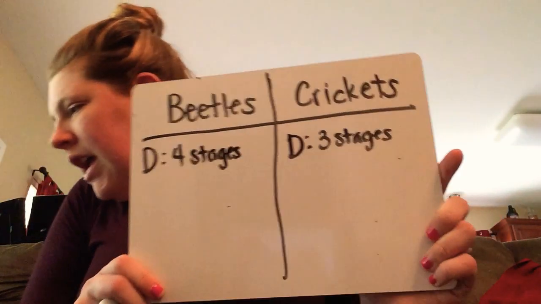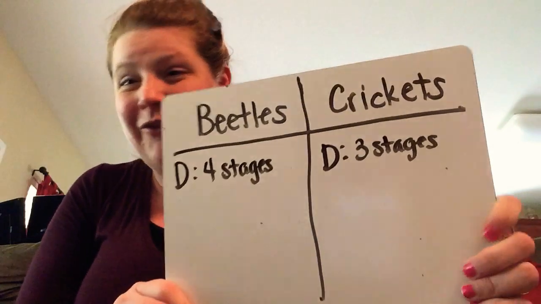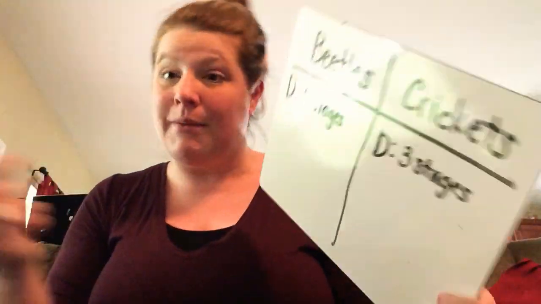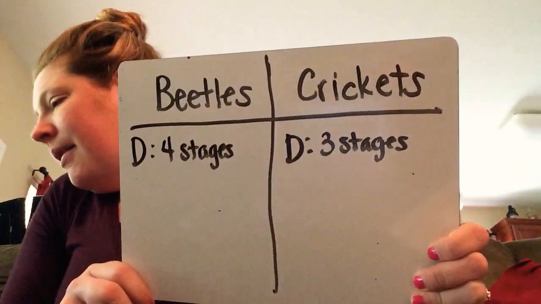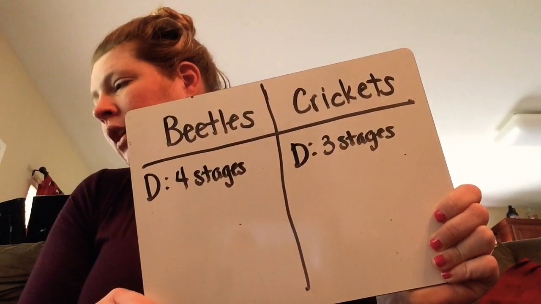And remember, I'm looking at my notes to the side, so if you're wondering where Mrs. Greenwald is looking, I know you're still there. The difference is that crickets look like mama as a baby, and beetles don't look like mama.